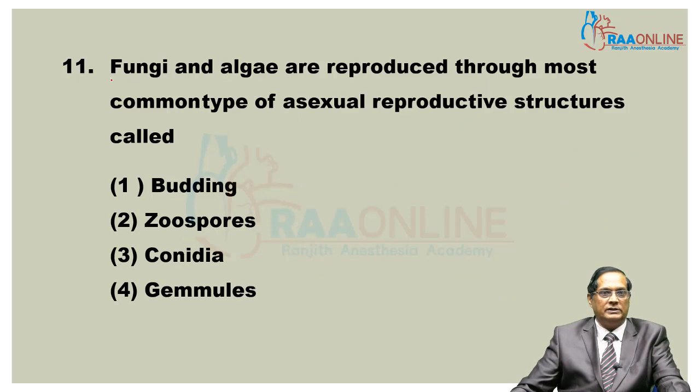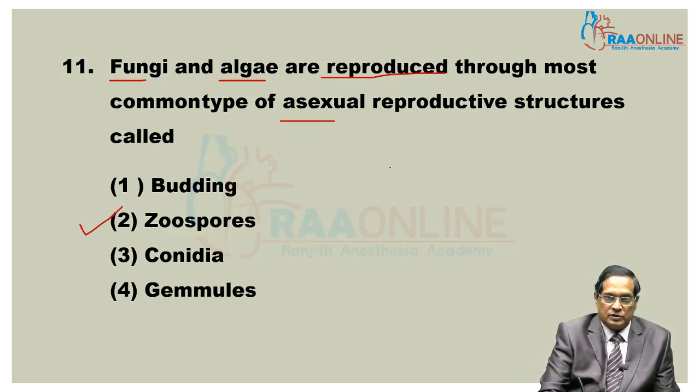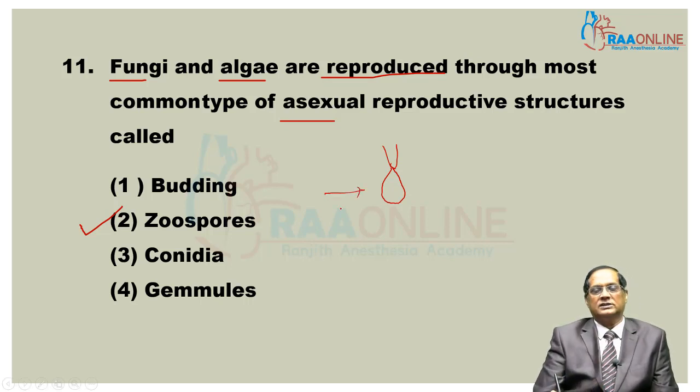Question number 11. Fungi and algae reproduce through the most common type of asexual reproduction, that is by means of zoospore formation. Zoospores are motile spores, motile due to the presence of flagella or cilia, and this is most common in algae rather than fungi.